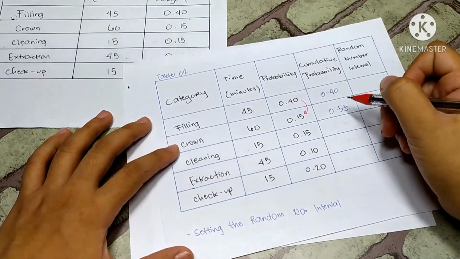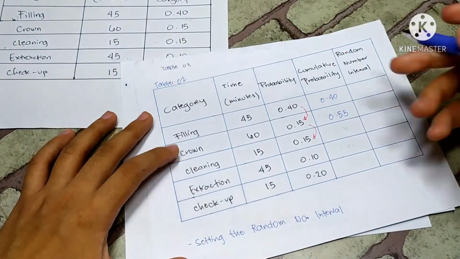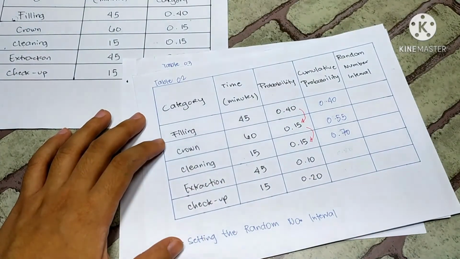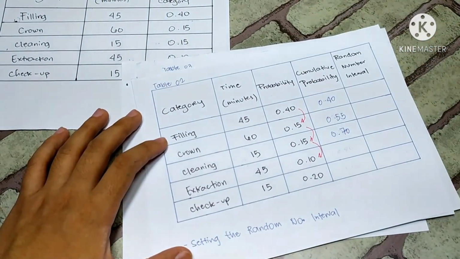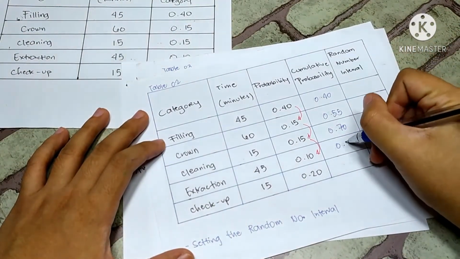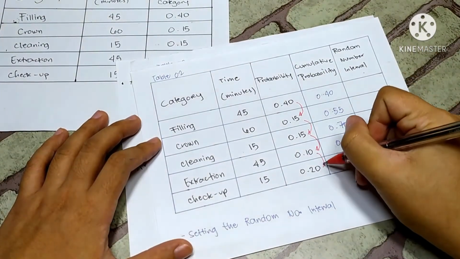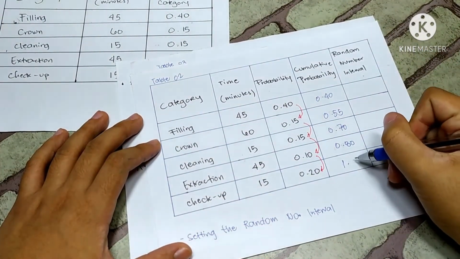Then next, 0.55 will be added to 0.15. Then magiging 0.70 na siya. Then 0.70 will be added to 0.10 and then 0.80, and the 0.80 will be added to 0.20. That would be 1.0.